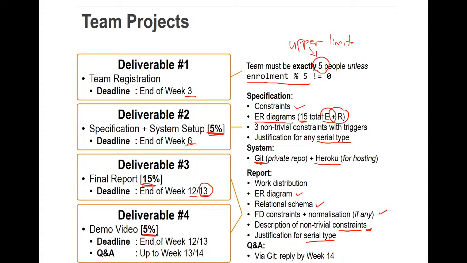So try to demo how your website works, and we will do a Q&A via Git comments. If I have any questions for you, I will post them on Git, and then you can reply by week 14. Hopefully this is the exam week, so hopefully you are not too busy by then. But we cannot help doing this if the final report is in week 13, because it will take time to read the report.